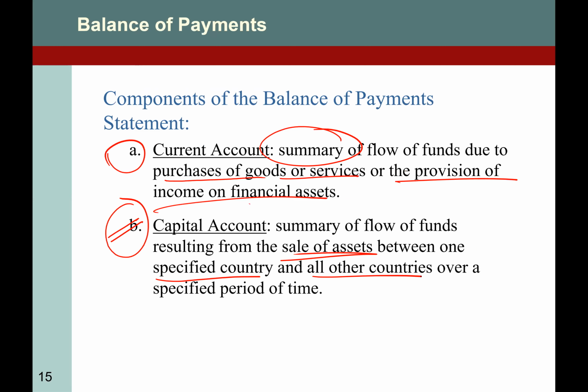Now the government of Shanghai sold it to a US company. So that sale and purchase is under the capital account, because that is a national asset. A country is selling its assets, and those assets are purchased by other countries. So that amount goes to the capital account, right?